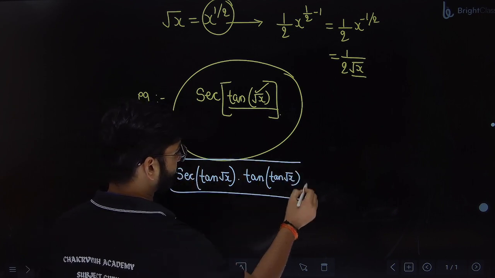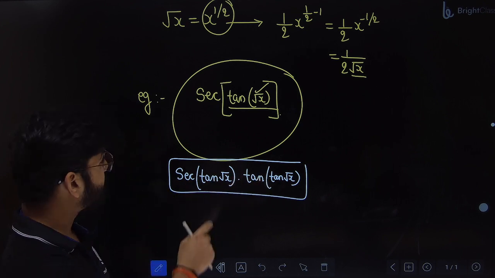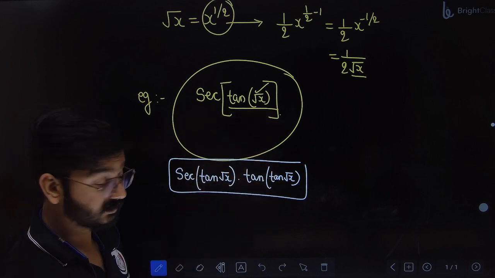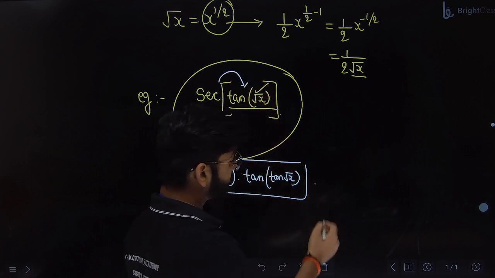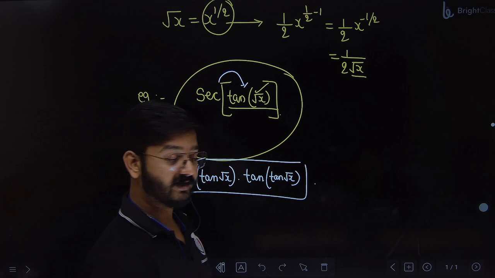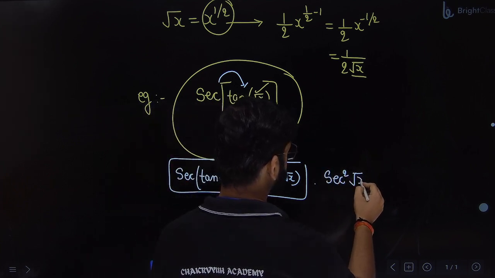Any problem in this? What is theta for secant? This whole thing. Now we'll go inside the bracket. What do we have? Tan. What is the differentiation of tan? Secant square theta. So secant square, what is theta this time? Root x.